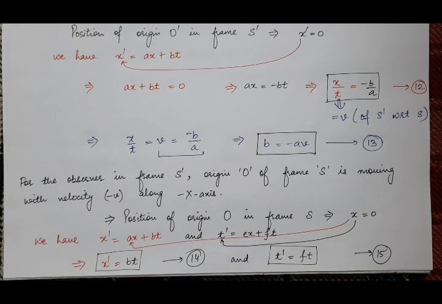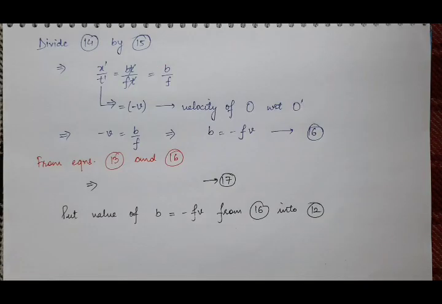Now in the next step, divide this 14th equation by 15th. What you will get? x dash over t dash is equal to bt over ft. t and t will be cancelled out. So you will get x dash over t dash is equal to b over f. Now what is this x dash by t dash?